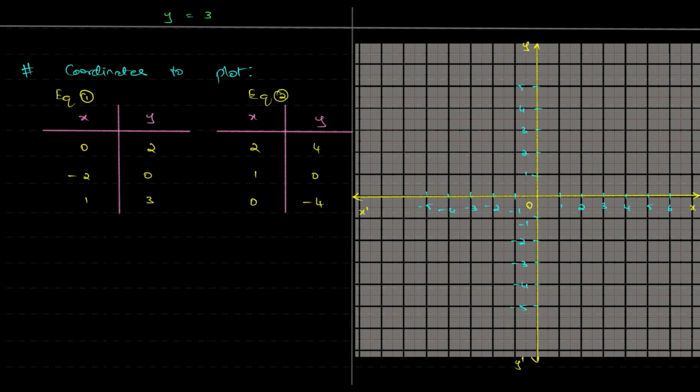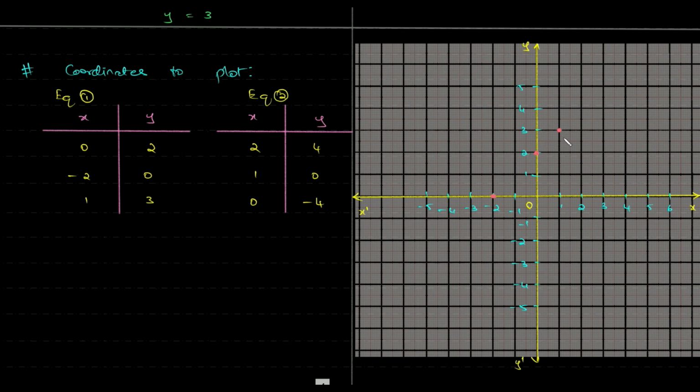So the very first thing is we have 0 and 2 for equation 1. 0 and 2 is this point, minus 2 is to the left, 0 is over here itself, 1 is to the right, 3 is up. Okay, we got a straight line, that's good.